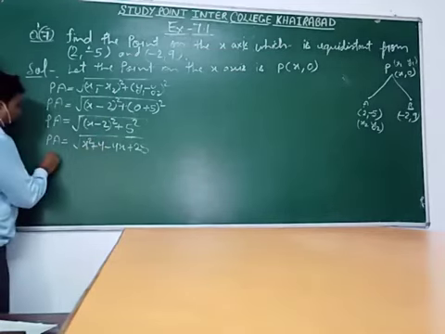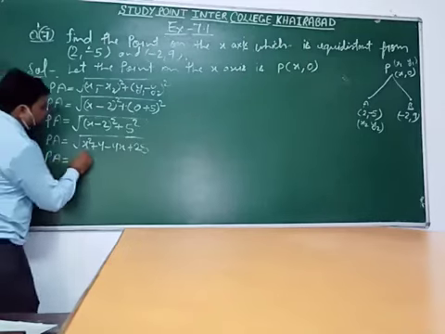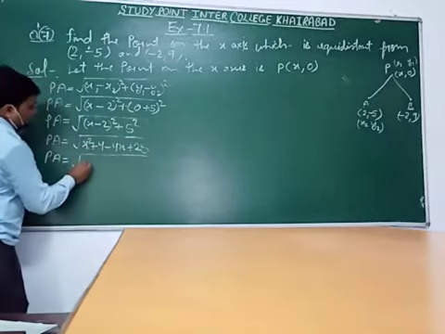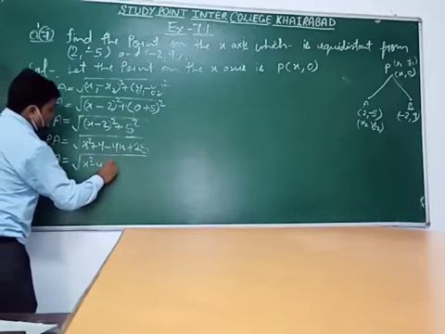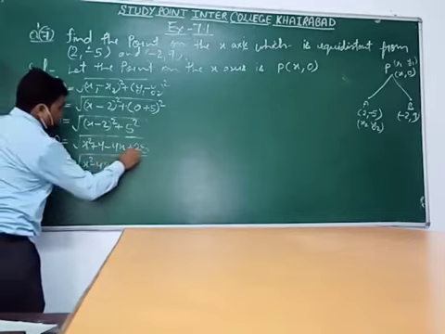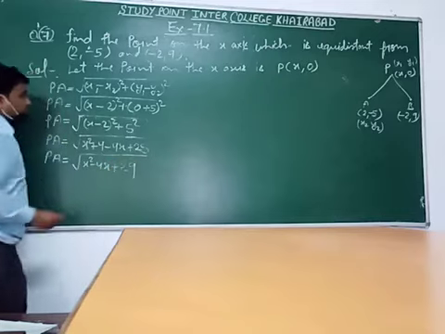So PA equals under root x square minus 4x plus 4 plus 25, which is 29.